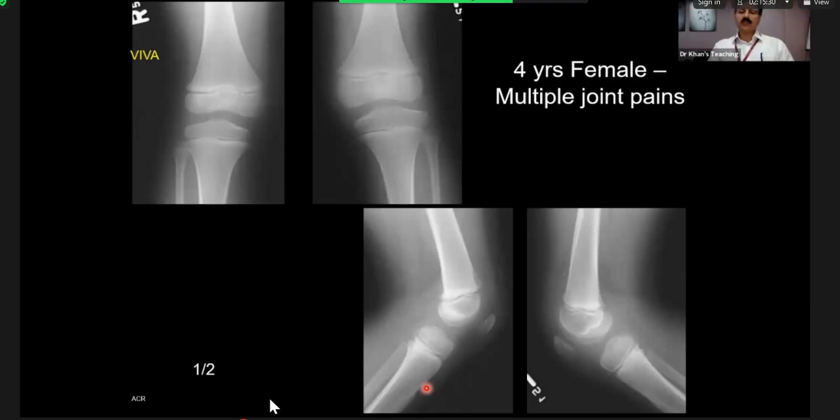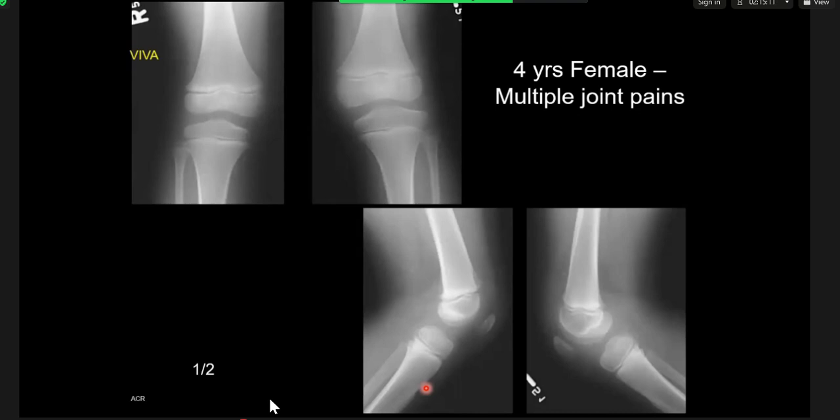Okay, just concentrate on the epiphysis. Compare the epiphysis right and left. Okay, so the epiphysis on the left side is bigger and is enlarged and less dense. And I think there is some articular surface irregularity.